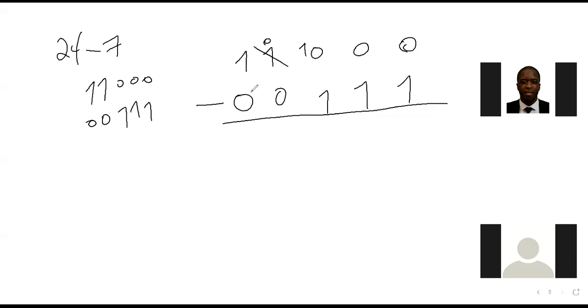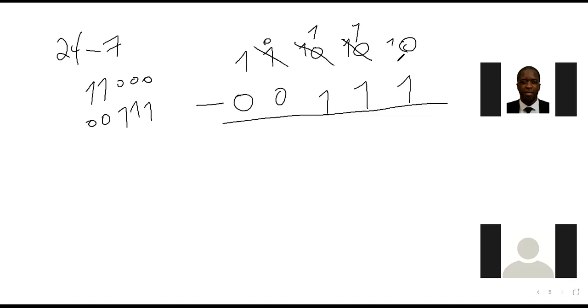Now, we go back to the first one. 0 minus 1, it can't. We need to borrow. We can't borrow here, but we can borrow here. When we borrow from that 1, this is what we borrow. What is left is a 1. 0 minus 1 from this column, it can't. We need to borrow. So we borrow from this. When we borrow from a 1, what is left is a 0.